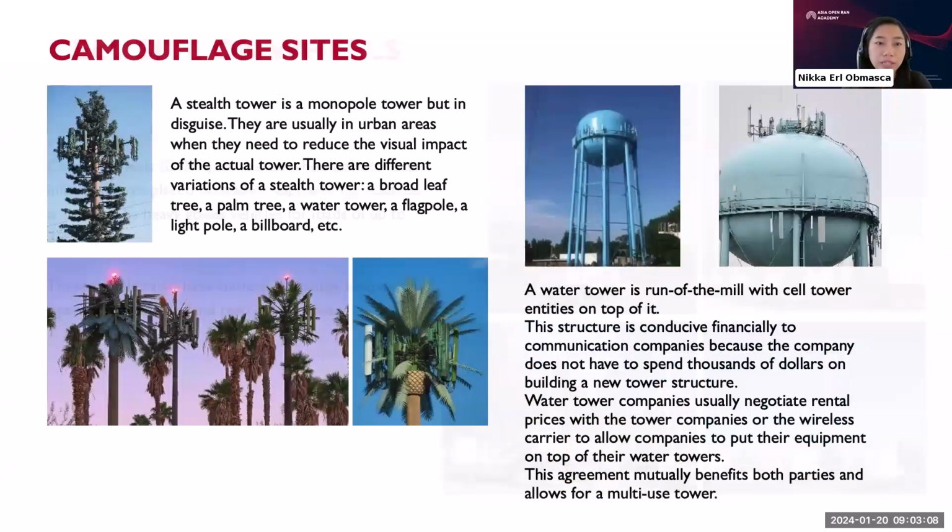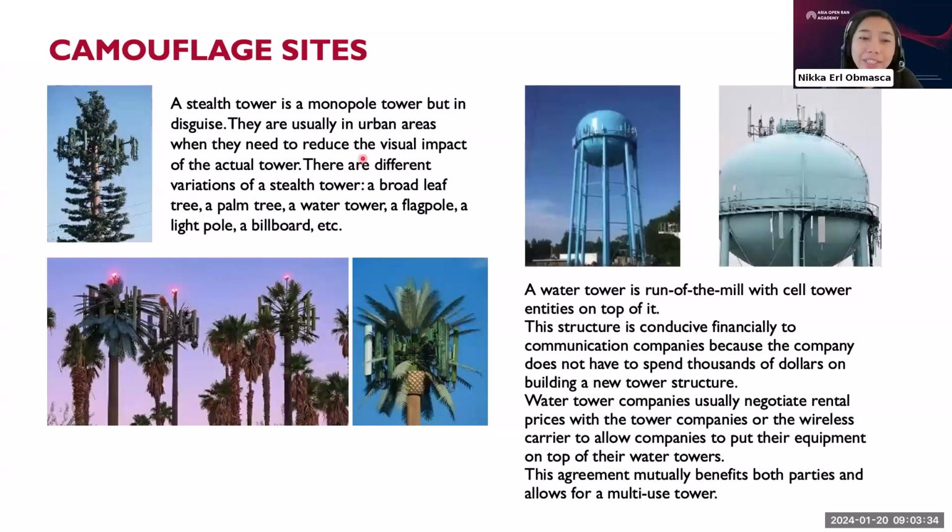So they reduce the visual impact of the actual tower, and there are different variations of stealth tower, like a leaf, a tree, a palm tree, a water tower, a flagpole, a light tower, a billboard. Here you can see examples for that. There are also deployed camouflage sites here in the Philippines, but it's for you to look.